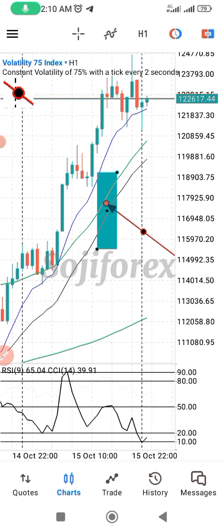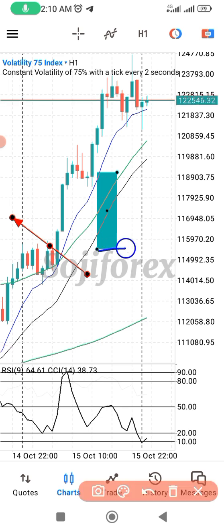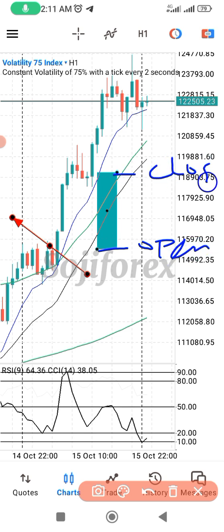And then this candle will now close as a bullish candlestick, which means that this particular bullish candlestick opened at this point and it closed at this point.